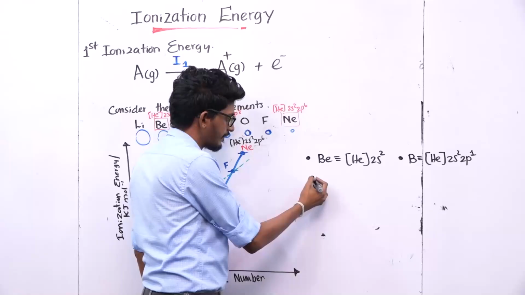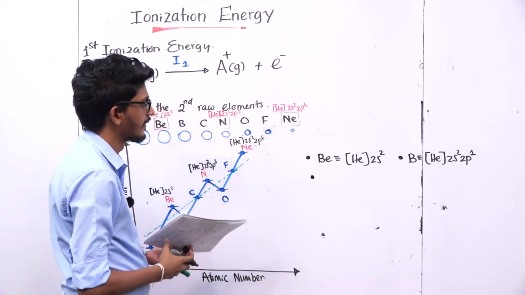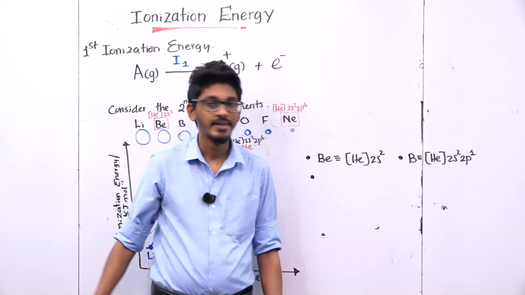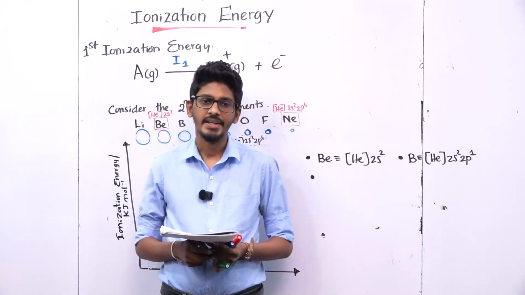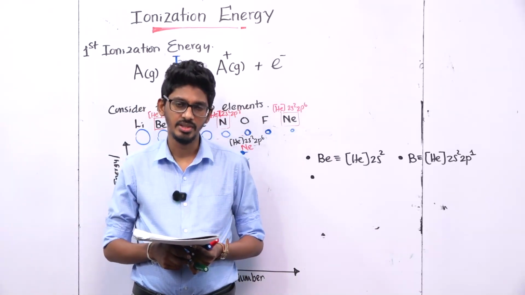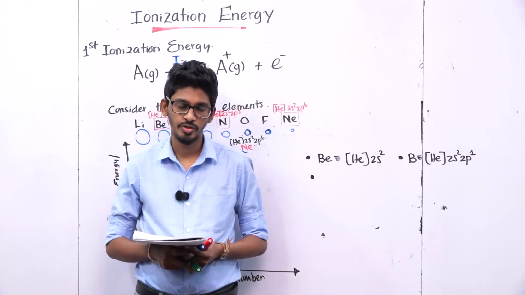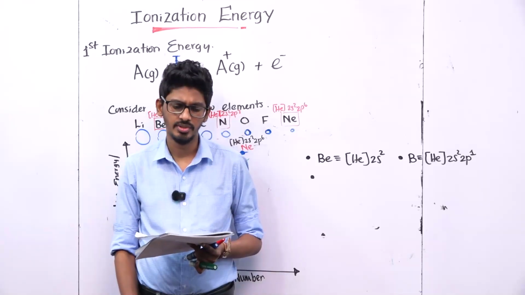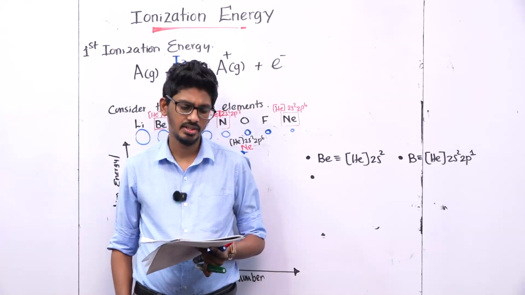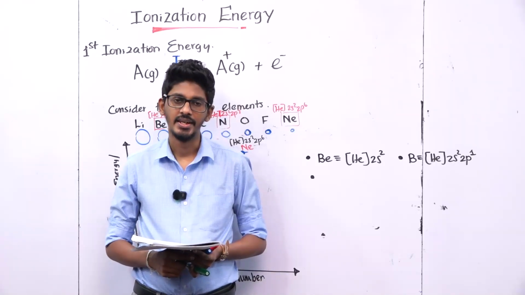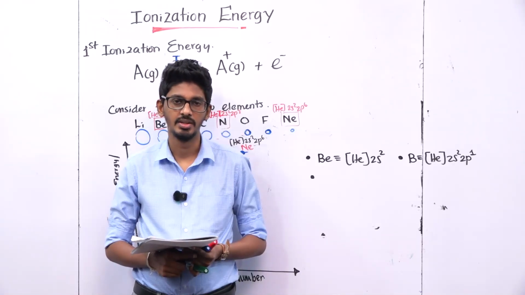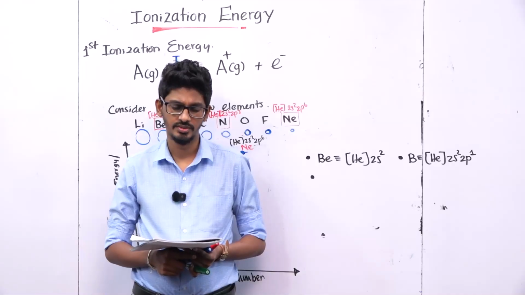Next point. You can write: electronic configuration of beryllium is a stable configuration with completely filled s subshell.